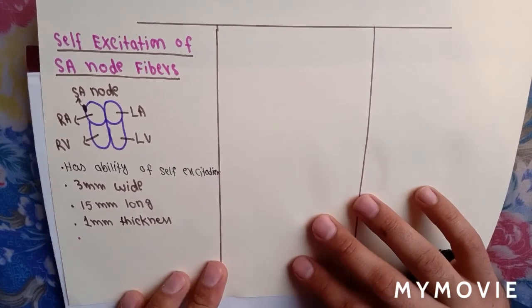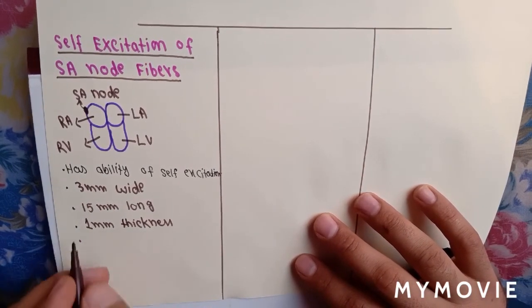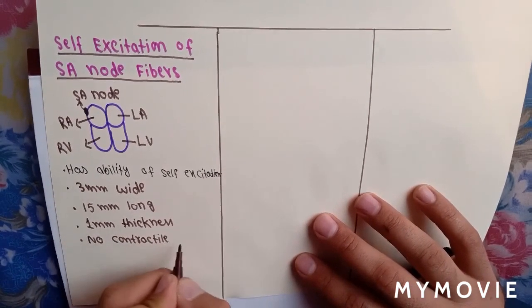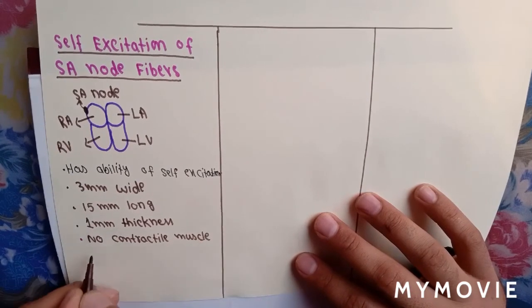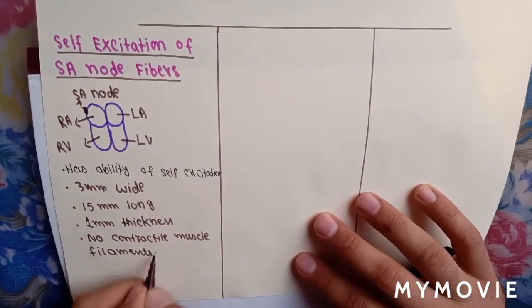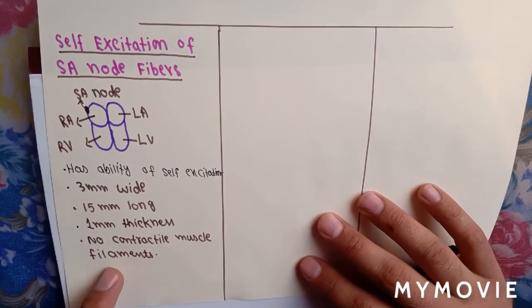Another thing regarding the SA node is that it has no contractile muscle filaments, so it has no ability to contract.